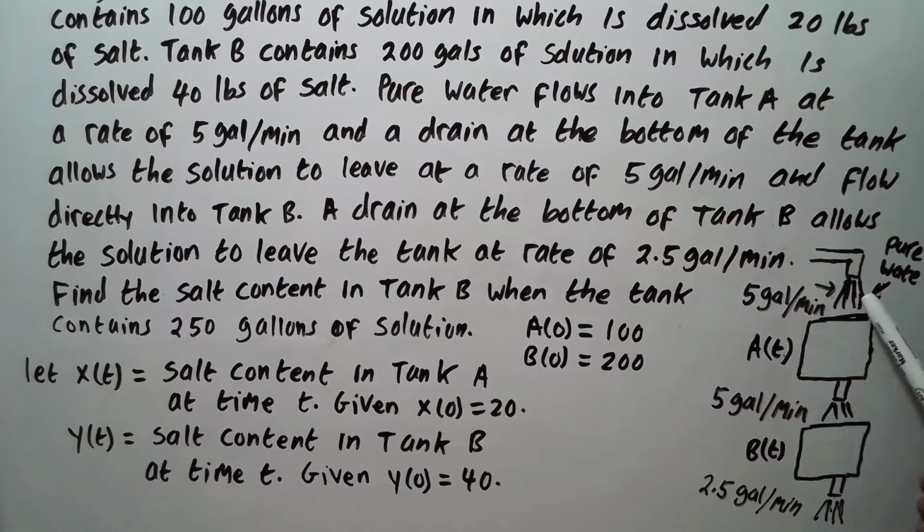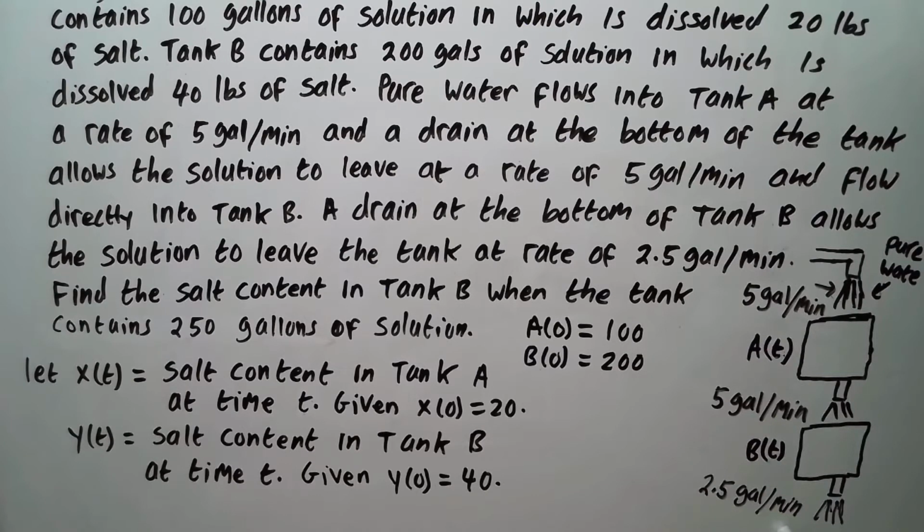So there's 5 gallons per minute coming in and 5 gallons a minute leaving tank A. So it looks like the volume of A is staying the same. Then it's flowing into tank B at a rate of 5 gallons a minute. And then there's a drain at the bottom of tank B, and it's leaving at 2.5 gallons a minute.